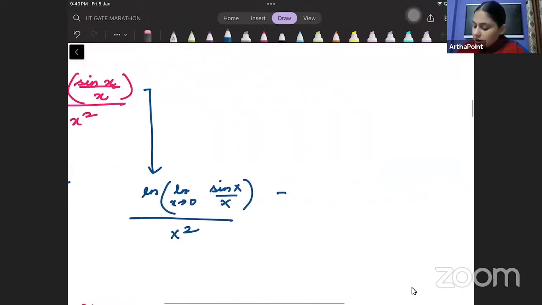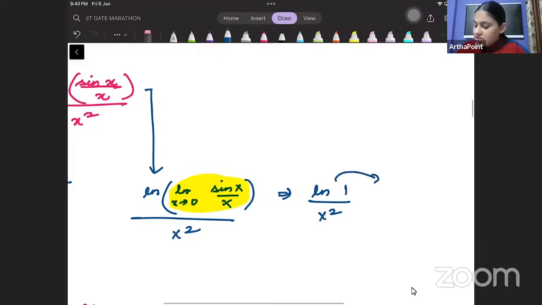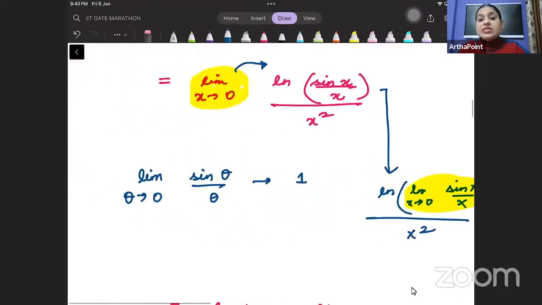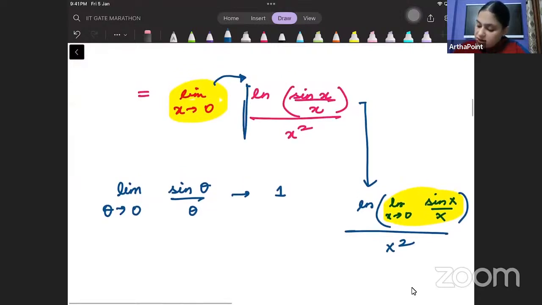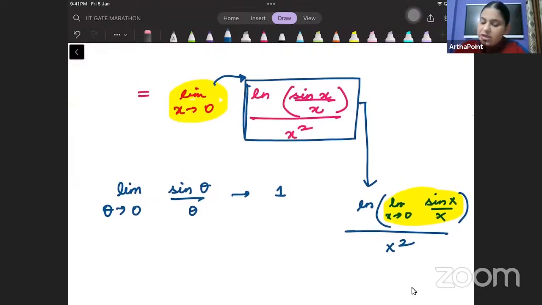So from here I will get ln of 1, over x square. And ln 1 is 0 and x tends to 0, so this is also 0. So what I see is that I am getting 0 by 0 form in this case.